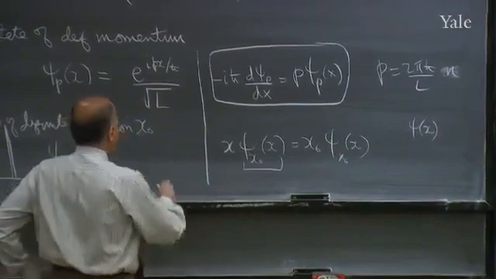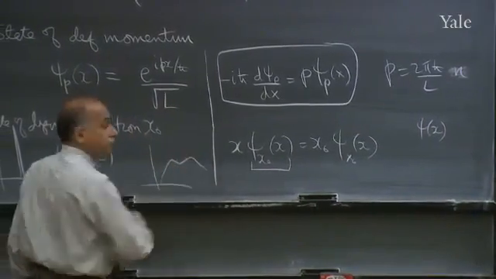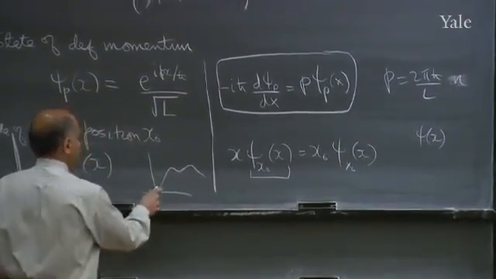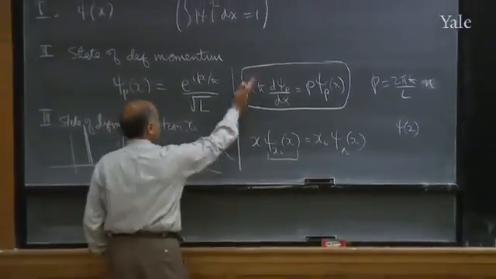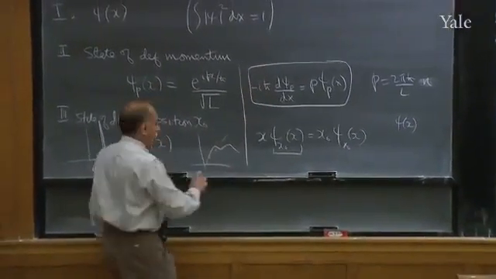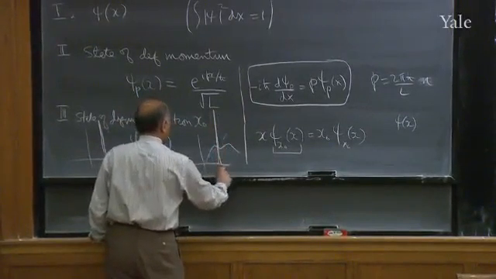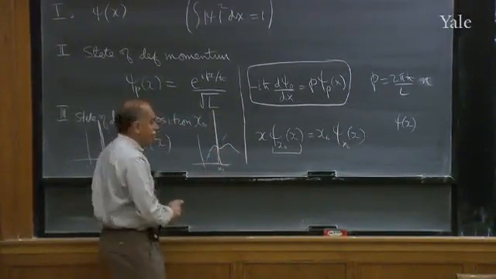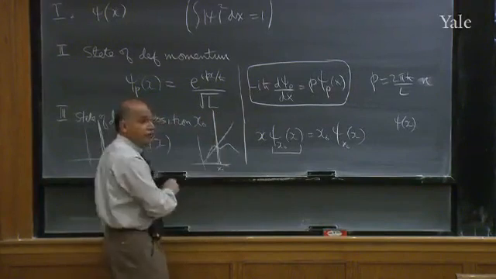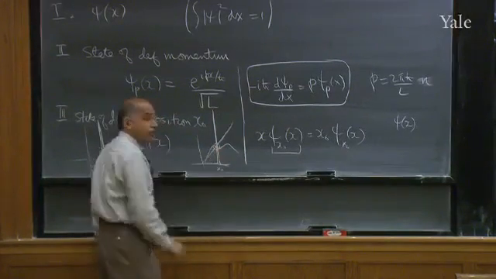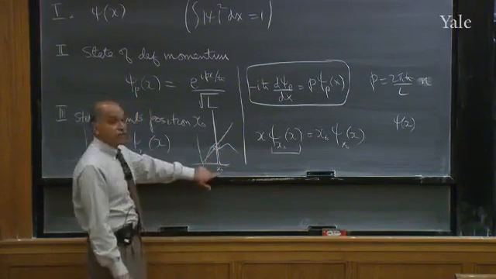Let us see why. If you take a random function and multiply it by x, which looks like this, it will get taller and taller as you go to the right. But suppose the function in question is a spike at x naught. If you multiply it by x, you're basically multiplying only by x naught because it has a life only at x naught.